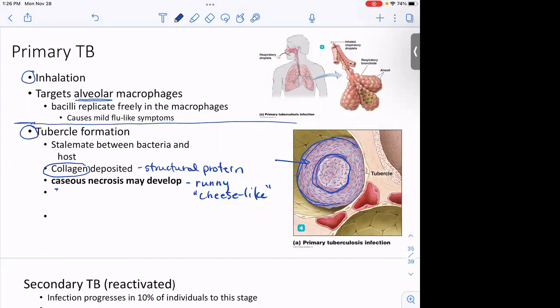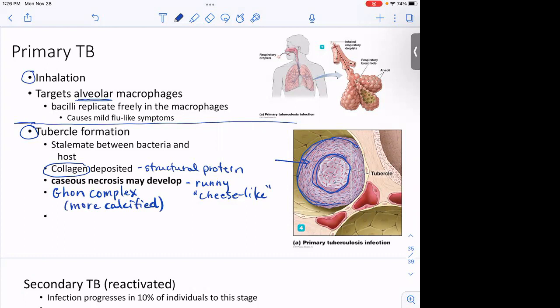Sometimes you get a little bit of a calcification around that tubercle, and then we refer to it as a Ghon complex. Okay, so that's a little bit more calcified tubercle.